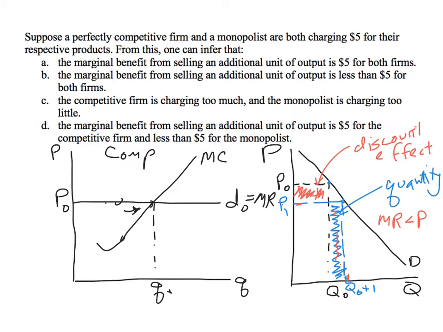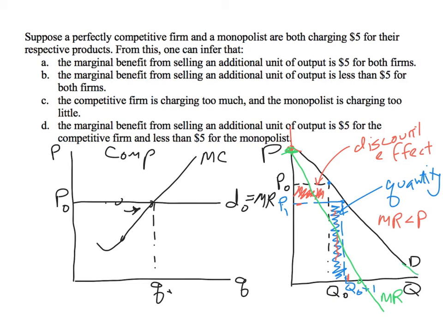Actually, in the one case there, it's not. If the firm's selling 0 units of output, marginal revenue and price are the same because there's no units being discounted if I'm selling 0. In the end, it's going to turn out to be a handy feature. Well, you saw this in your reading, that if it's a straight line demand curve, the marginal revenue curve has the same y-intercept and it's twice as steep.